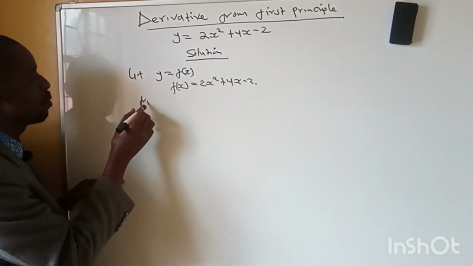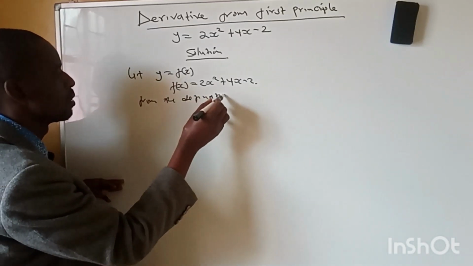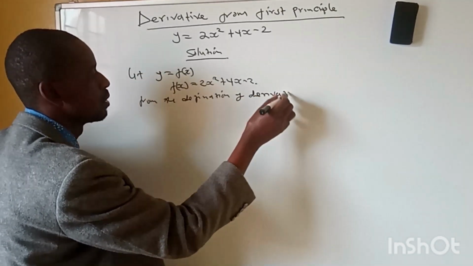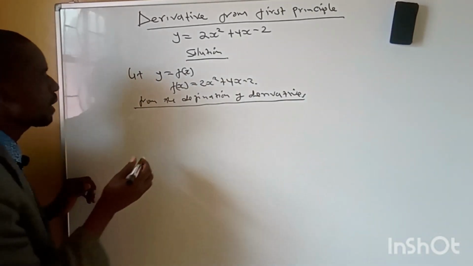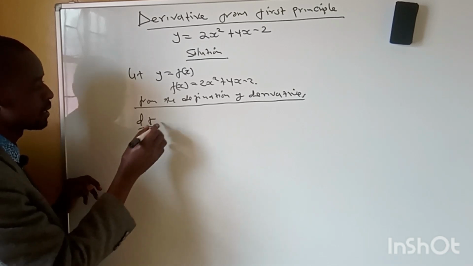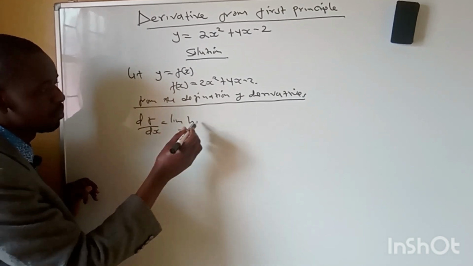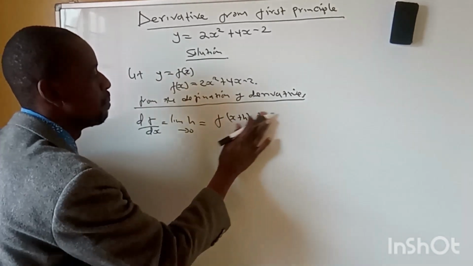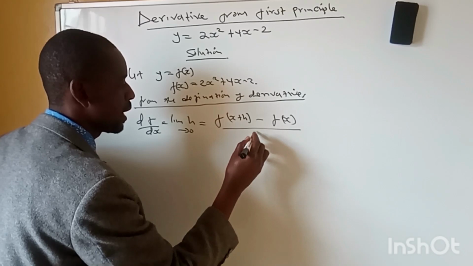Then from the definition of derivatives, df over dx, as the limit h is tending to 0, is the function of x plus h minus the function of x, all over h.